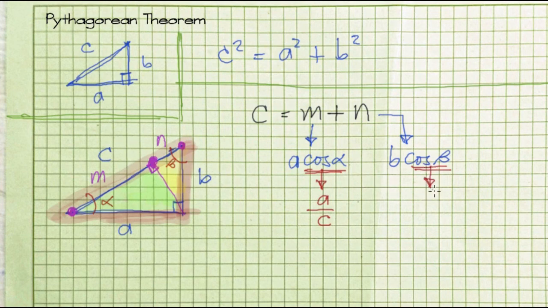C, again the hypotenuse. So B over C is equal to cosine beta. Oh, medyo lumilinaw na ba?